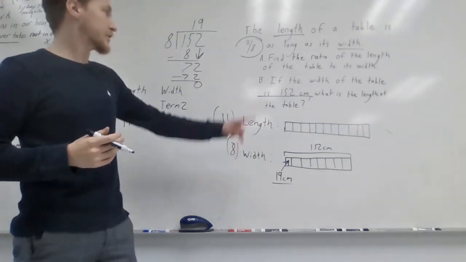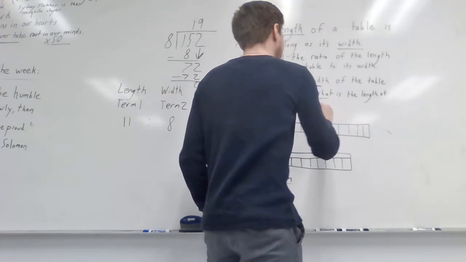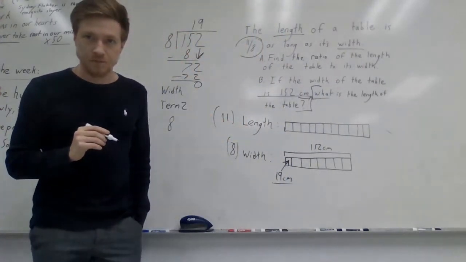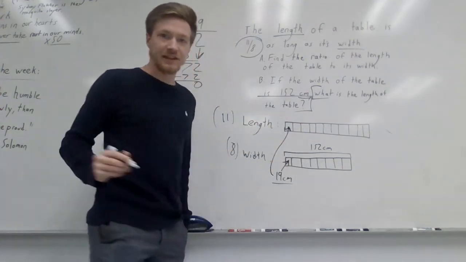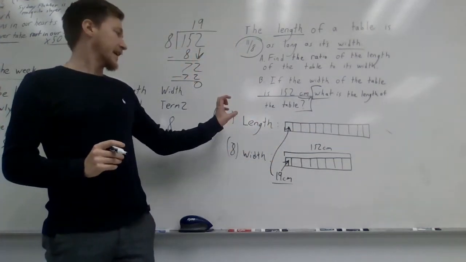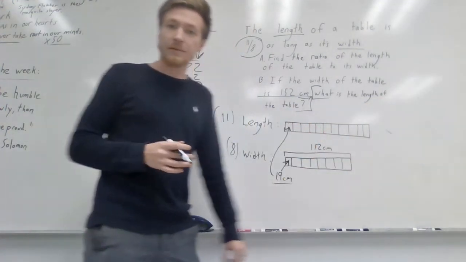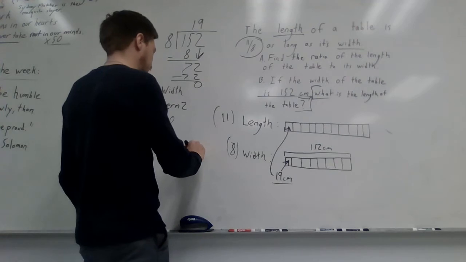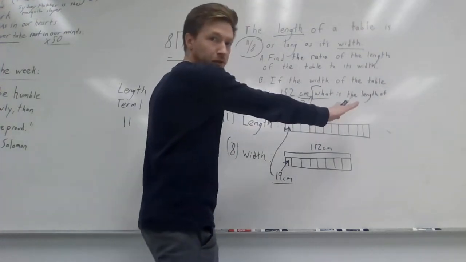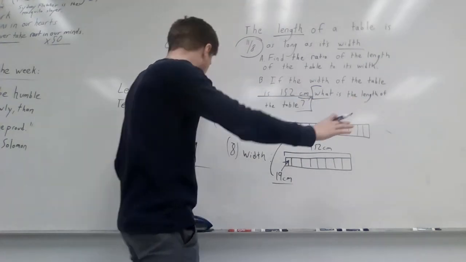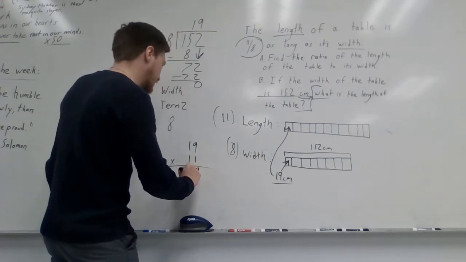So let's finish what we have to do here, because it asks us to find the length of the table. Well, since I know that every box is 19 centimeters and I have 11 boxes that have to do with my length, I'm able to take that 19 centimeters and multiply it by 11, because I'm trying to find the total amount. 1 times 9 is 9, 1 times 1 is 1.